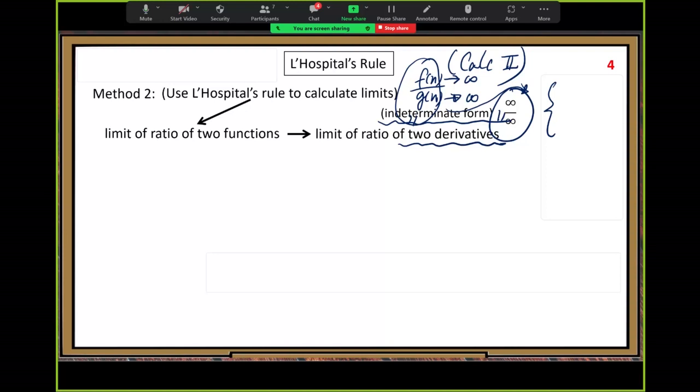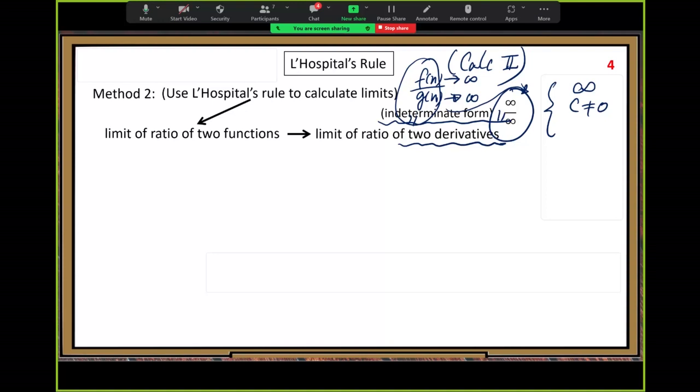For example, in the first case, with one infinity function over another infinity function, the ratio could be infinity. Second, the ratio could be some constant not equal to 0.